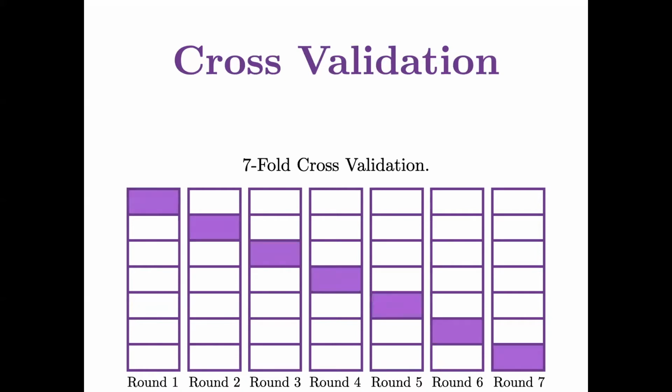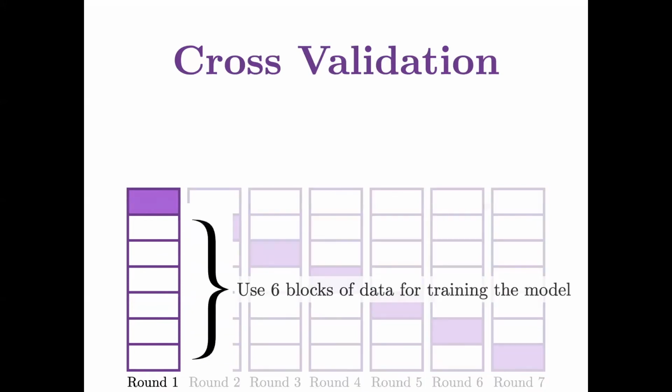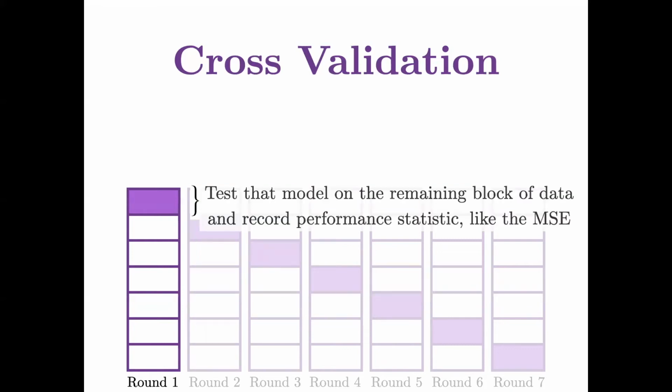In each round, we are going to highlight one of these blocks of our data and use the 6 white blocks of data here for training the model, and that one purple block will be used to test the model.